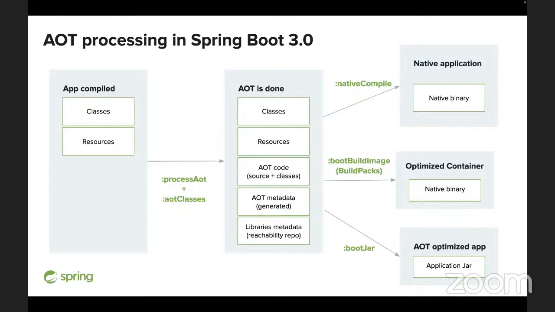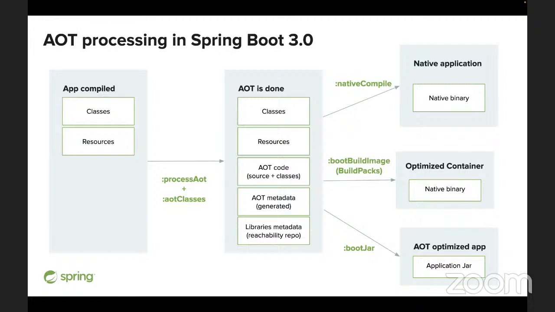We get a list of bean definitions that corresponds to what you want to use in your app. And then we generate classes, some code tree, and some resources, which I'm going to show you. It's metadata for GraalVM. Then we also ask for metadata for third-party libraries. I'm going to get back to that in a minute. And then we compile the code that we've generated, okay?